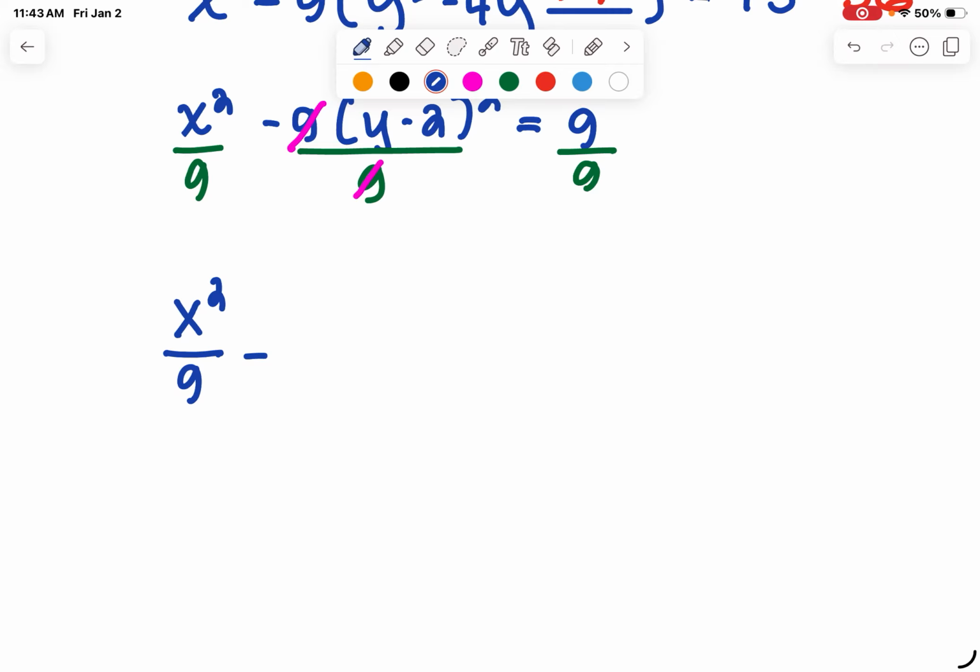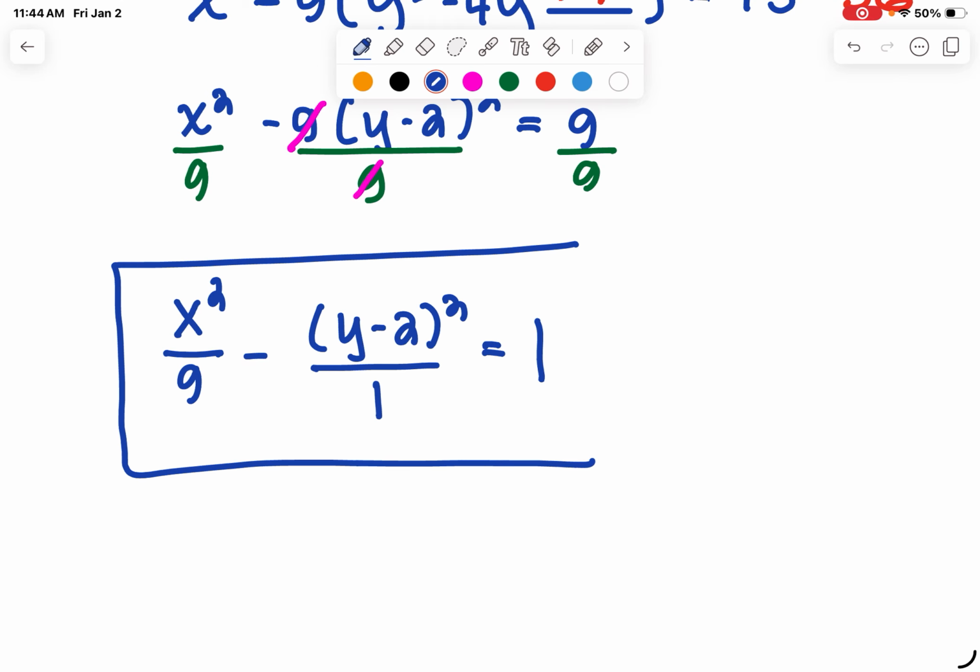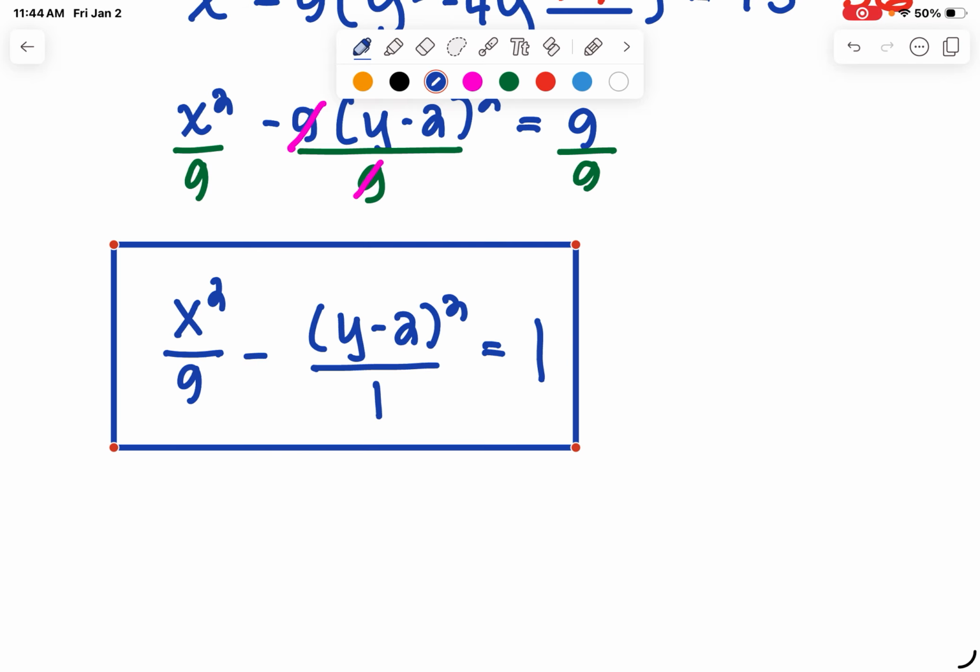So you can either write y minus 2 squared and then just not over 1, but know it's over 1 equals 1, or you can put it over 1. It's up to you. Okay. All right, you can go ahead and pause the video to graph your hyperbola. Remember, you have to decide the orientation, the center, the vertices, and the foci.